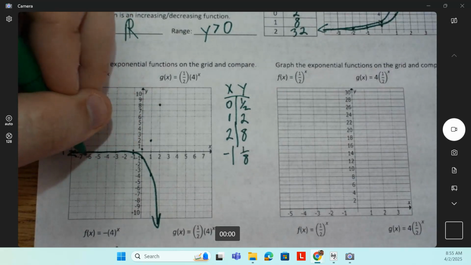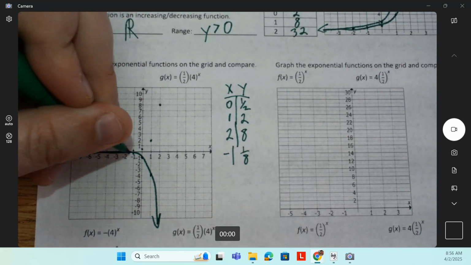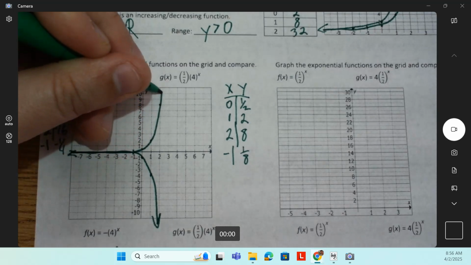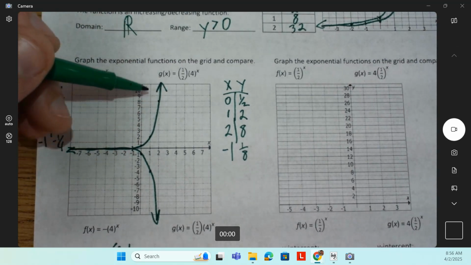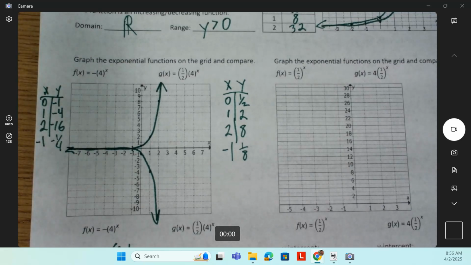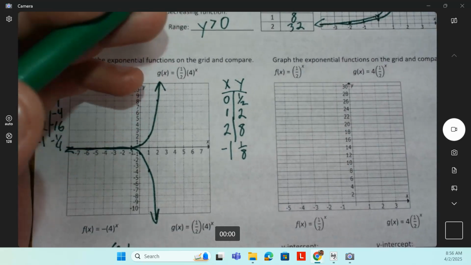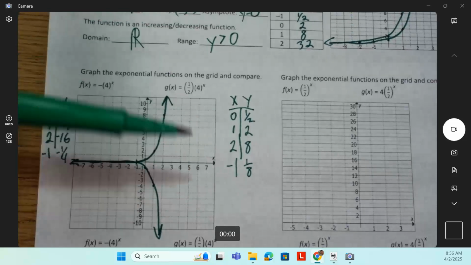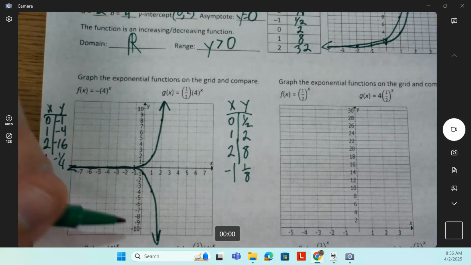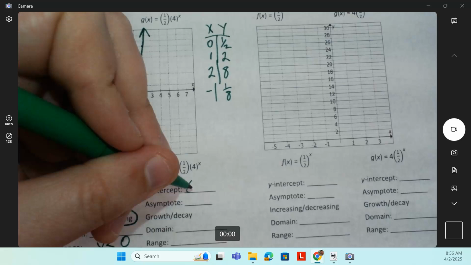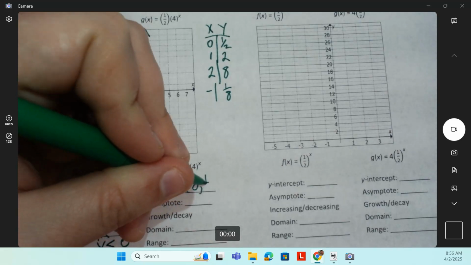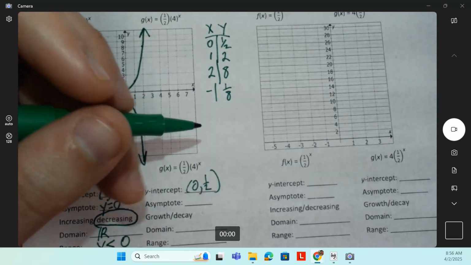Again, it doesn't look hugely different, but this one is definitely going up slower than my original function. So the y-intercept on this one would be 0, 1/2.